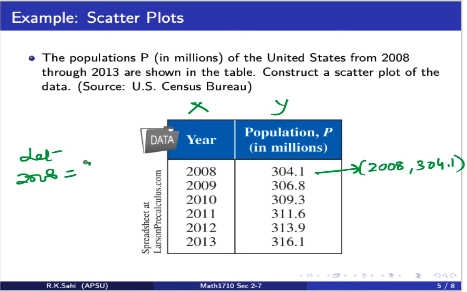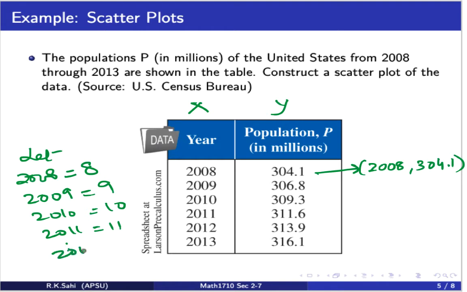the year 8. Think of that, making life easier, 8 and 8. So 2009 corresponds to 9. 2010 corresponds to 10. 2011 to 11, and then 2012 to 12, 2013 to 13.